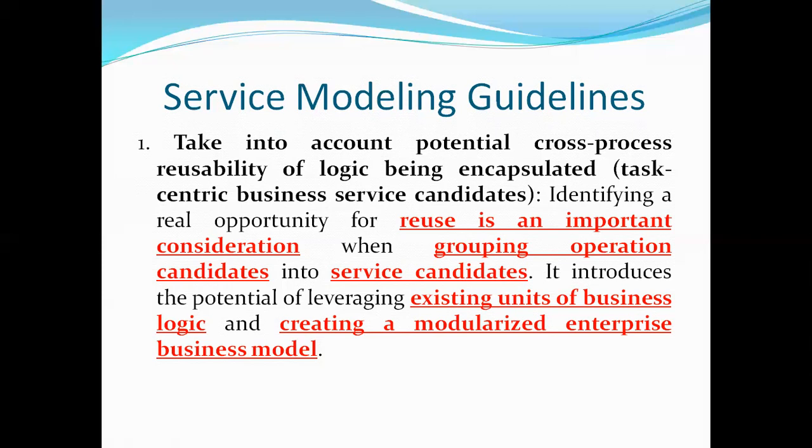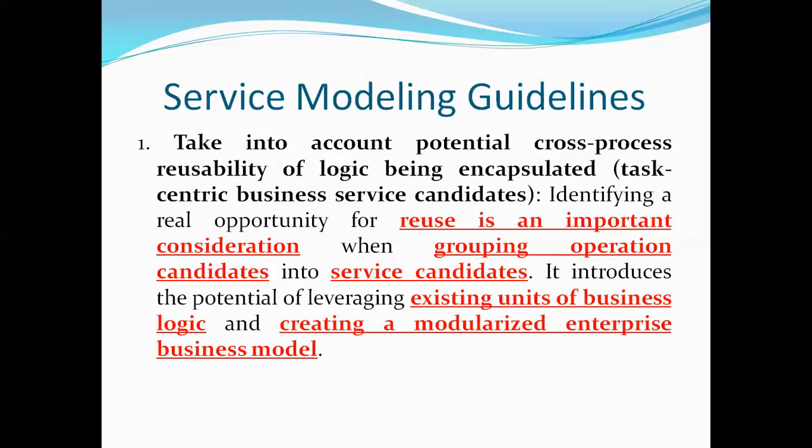So take into account the potential cross-process reusability of logic being encapsulated. Cross-process reusability means two different processes use the same business logic, a single web service logic.